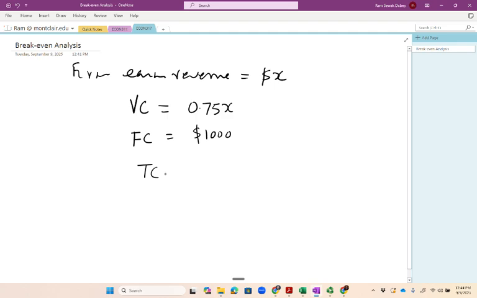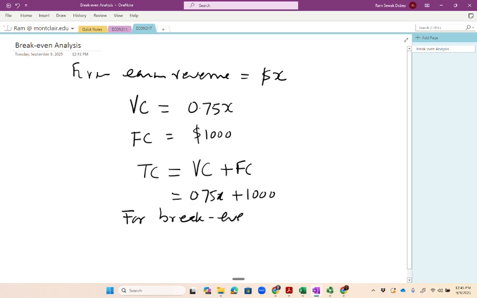So I will write down the total cost to be the sum of variable cost and fixed cost, which is 0.75x variable cost, $1,000 fixed cost, and for the break even I need the revenue. I will write it as total revenue X dollars must be equal to the total cost, 0.75x plus 1,000.